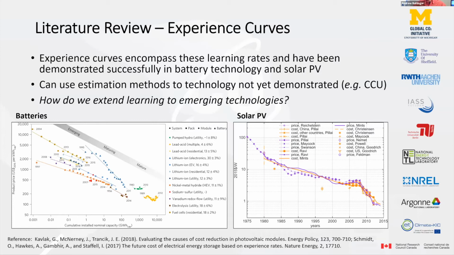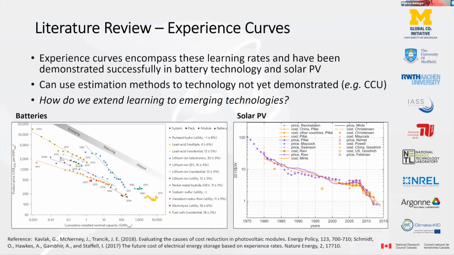The issue with CCU, of course, is that we might not necessarily have this great data. So you have to find a way to use this modeling approach while realizing the limitations of your data. This is why this question gets posed, the one at the bottom: how do we extend this learning curve or experience curve technology to assess these CCU technologies?